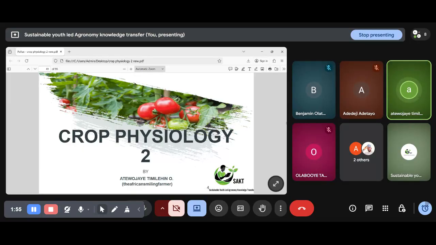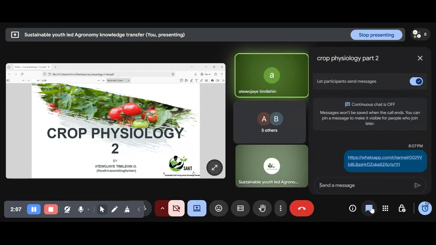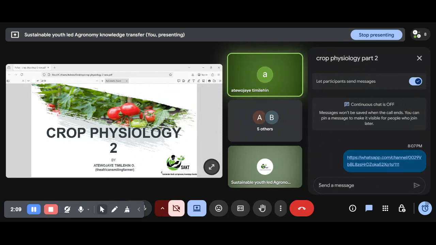I told you guys that before you can know crop physiology, you have to know plant physiology, because crop physiology is a topic under plant physiology. So from there, I started with cells.